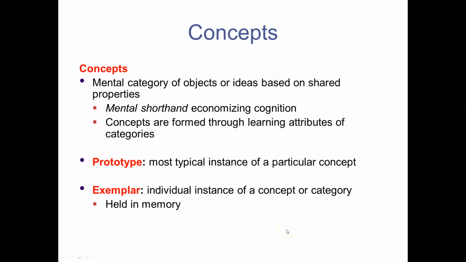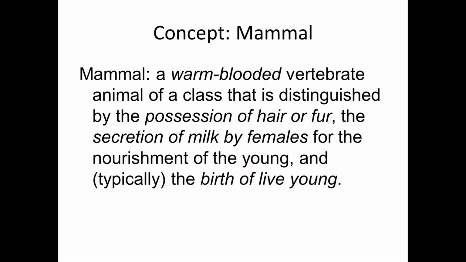Okay, let's proceed. So here is a formal definition of mammal. It is a warm-blooded vertebrate animal of a class that is distinguished by the possession of hair or fur, the secretion of milk by females for the nourishment of its young, and typically the birth of live young.